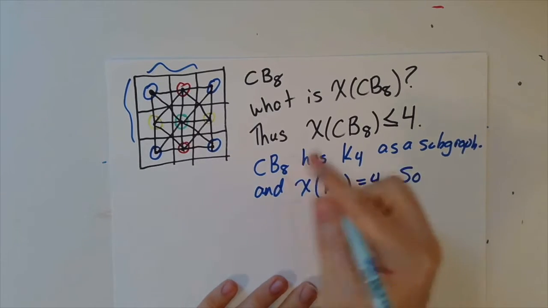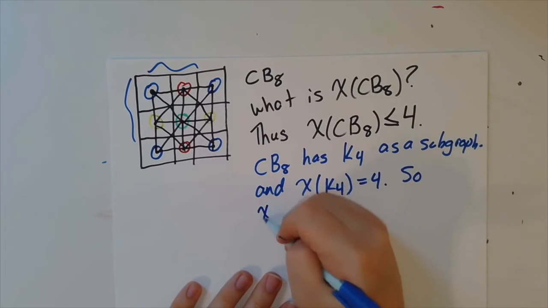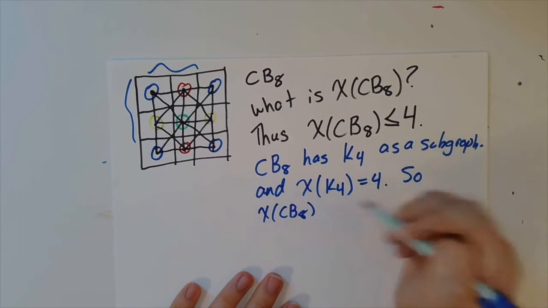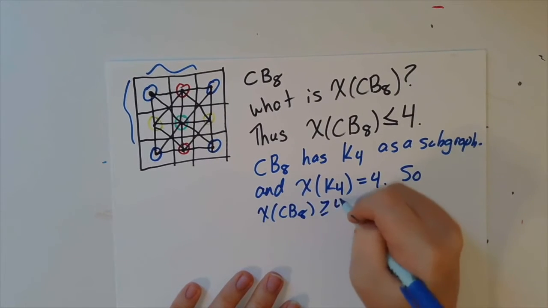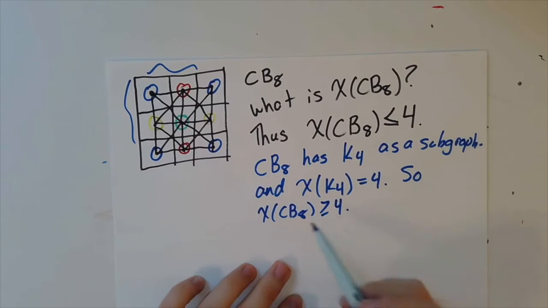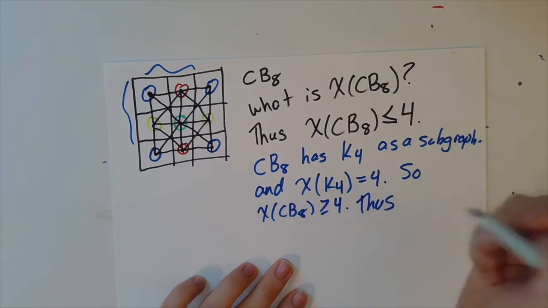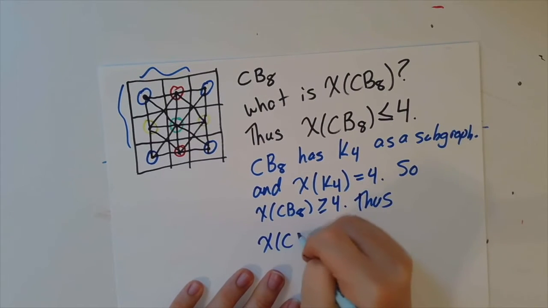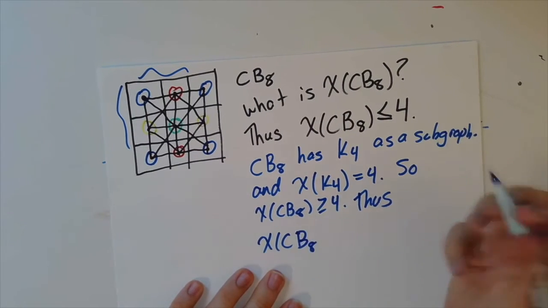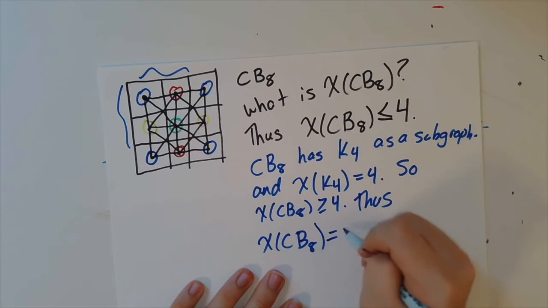So that tells me that chi of CB8 is at least as big as 4. And since this number now is at least as big as 4 and less than or equal to 4, we get that the chromatic number of this graph actually is 4.